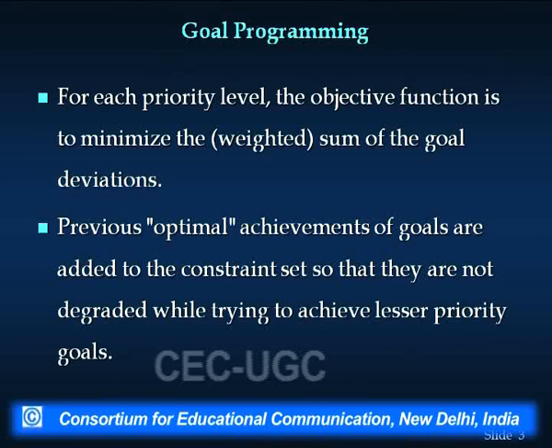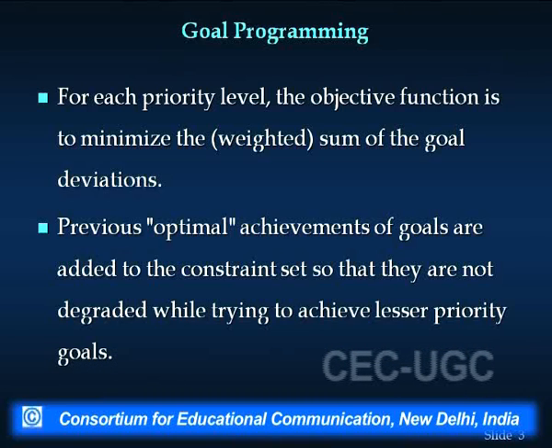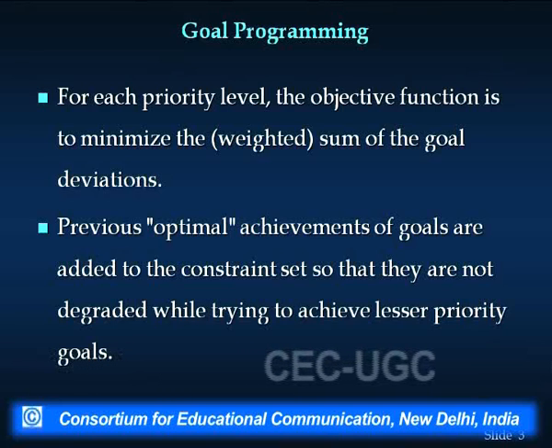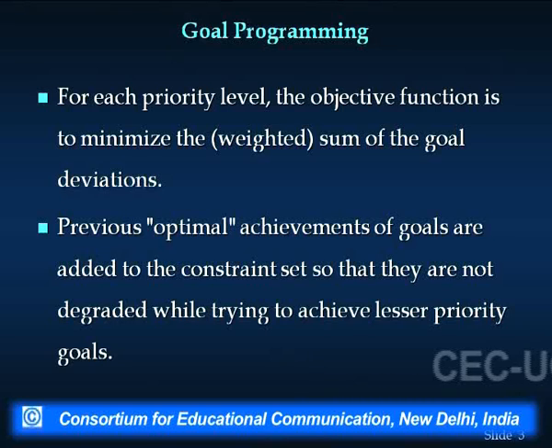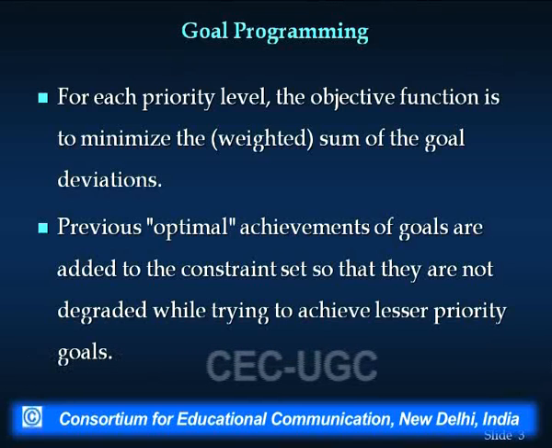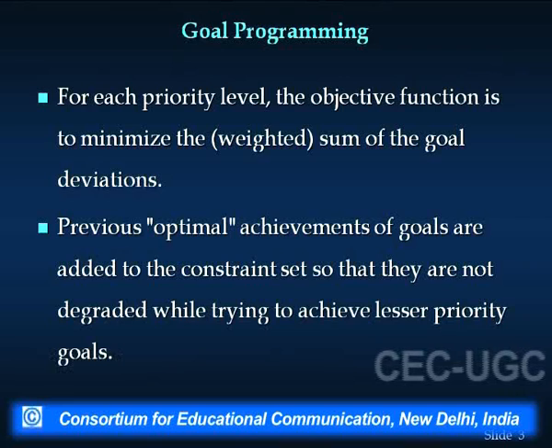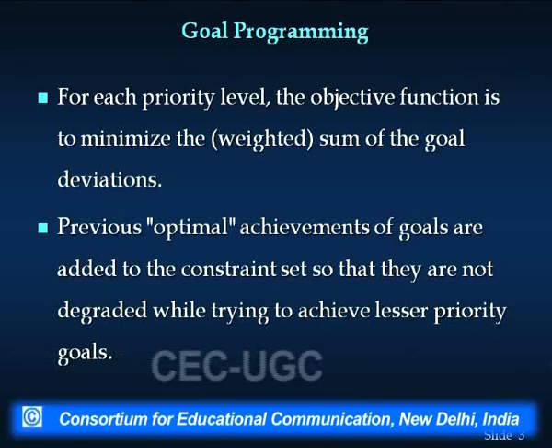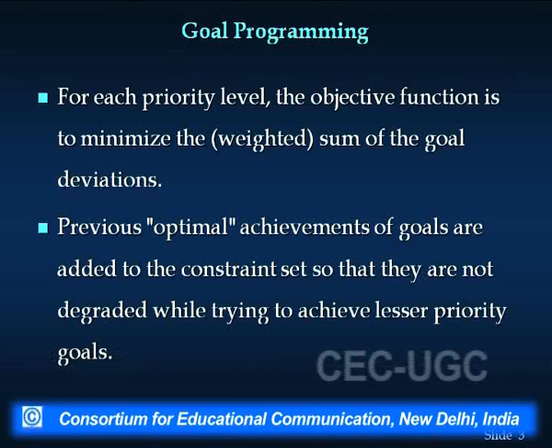If deviation is there from our objective or from our goal, this deviation should be minimum as far as possible. That is the aim of our problem, and we have to have a solution so that these deviations are minimum. Previous optimal achievement of goals are added to the constraint set so that they are not degraded while trying to achieve lesser priority goals.